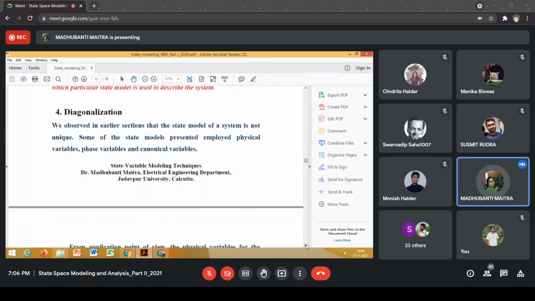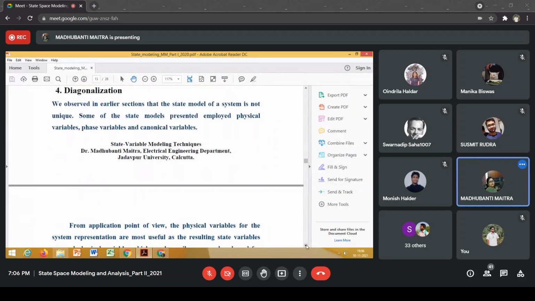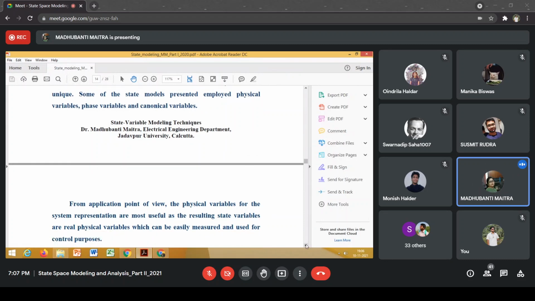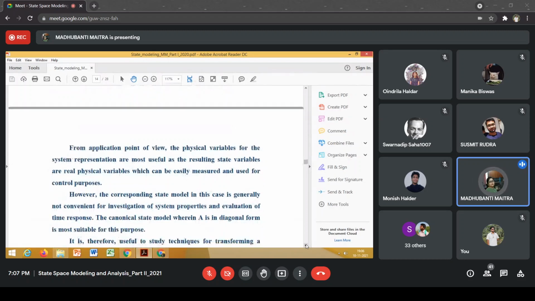Now, diagonalization. So we observed in earlier sections that the state model of a system is not unique. Some of the state models presented employed physical variables or phase variables or canonical variables, right? We have already discussed these points.